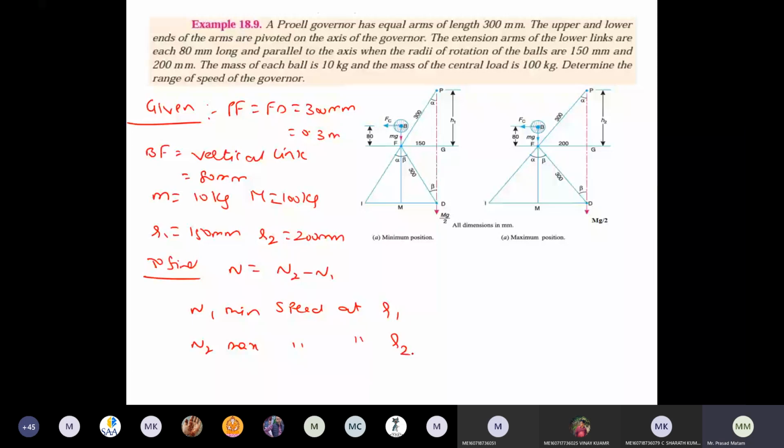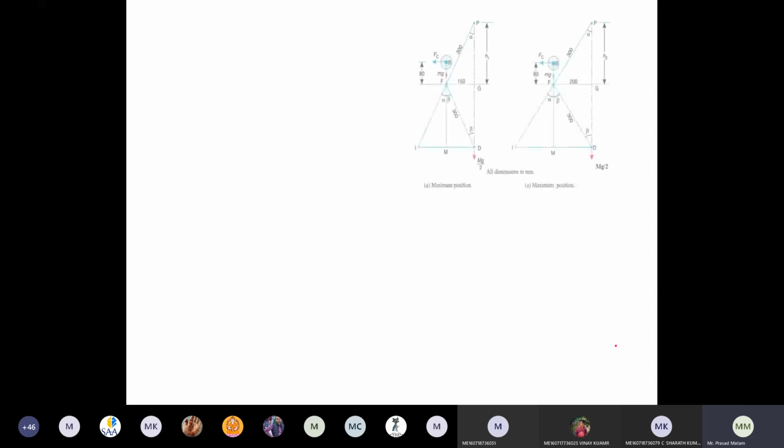So we know r1 and r2 values. Now try to find out the heights of the governor h1 and h2. So at r1 we need to find the h1 value. Similarly at r2 we need to find the h2 value. Now let us try to find h1 and h2.